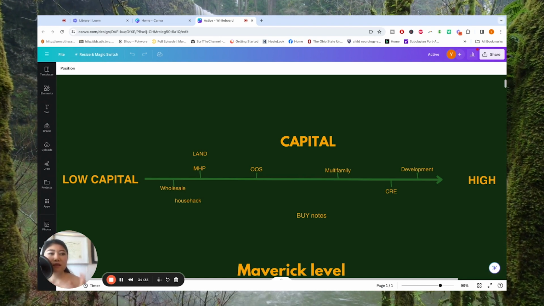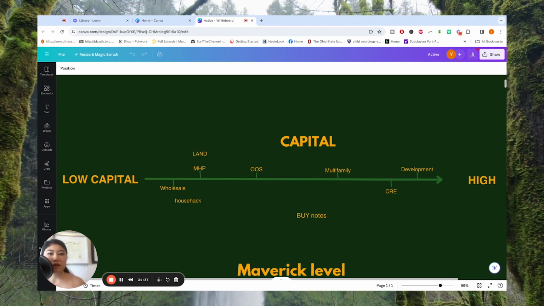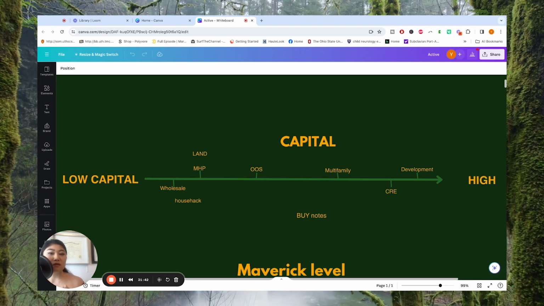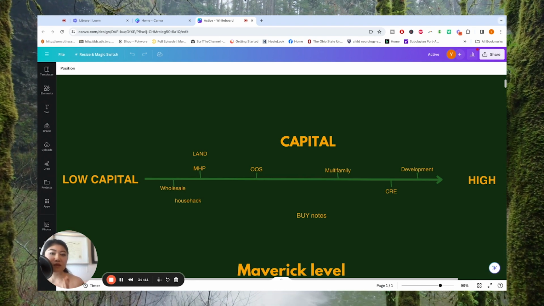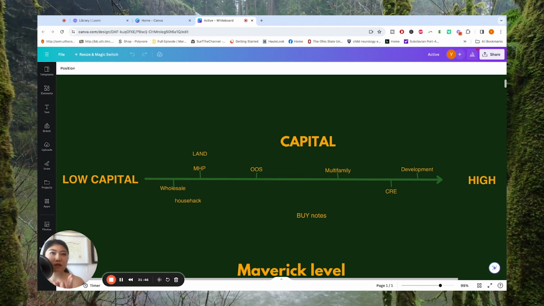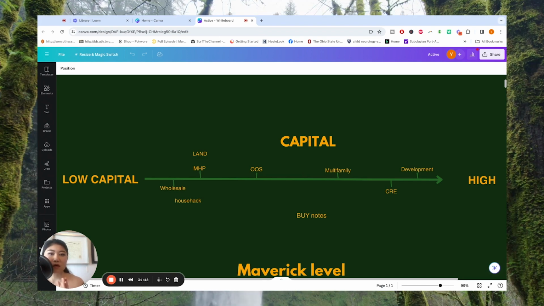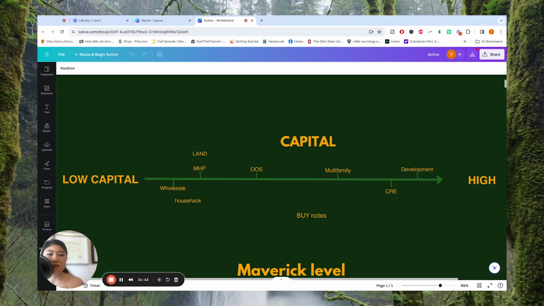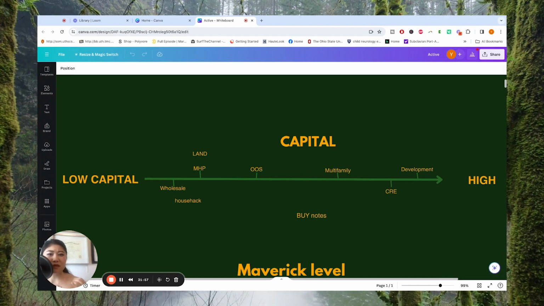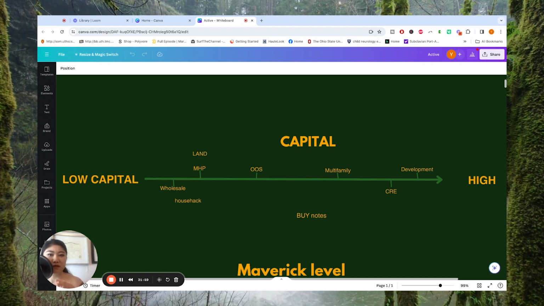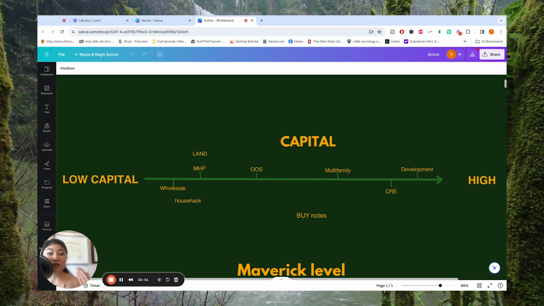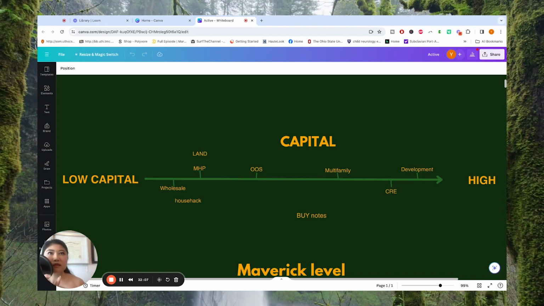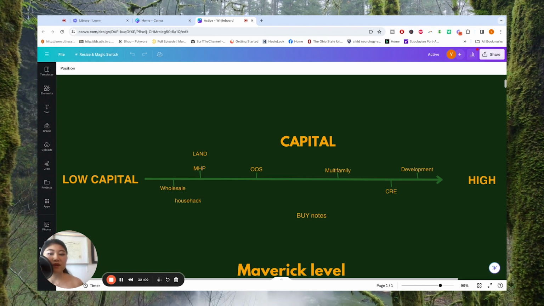So land depends on the uses for land. The approaches that people take are, for example, buying and holding. That's much rarer because you want to either develop that land or you want to sell it, flip it to someone that will develop that or use that land. So land is really similar, potentially, at least what it is right now, to wholesale.